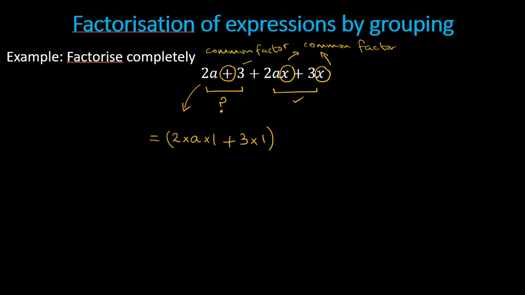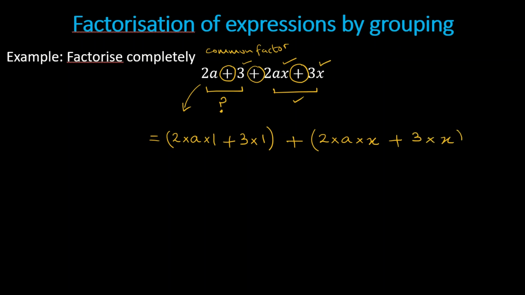Okay? We carry on. You have your plus, no problem when you have plus outside a bracket. 2ax. Let me erase this. 2ax is 2 times a times x. You have your plus, and the last term 3x, 3 times x.